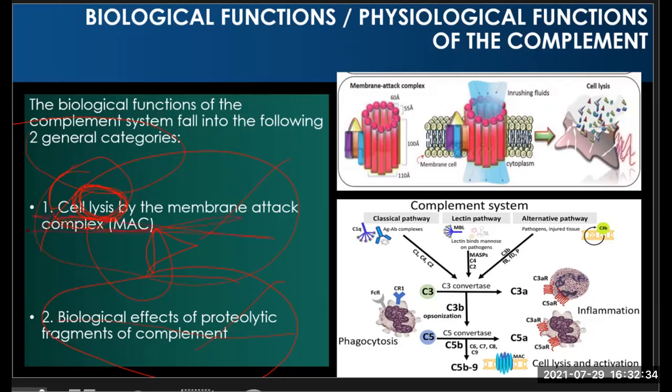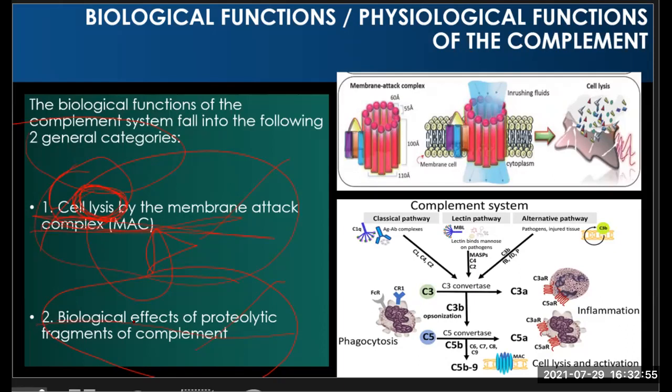The first category is the situation in which the MAC leads to osmotic lysis of a cell, while the second category encompasses other effects of complement in immunity and inflammation that are mediated by the proteolytic fragments generated during the activation of complement.